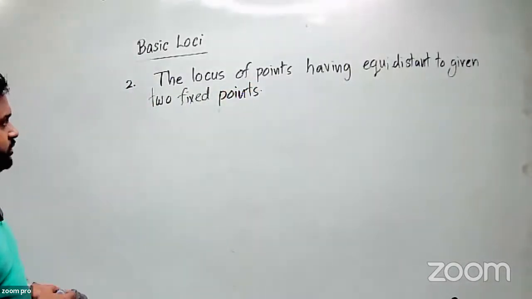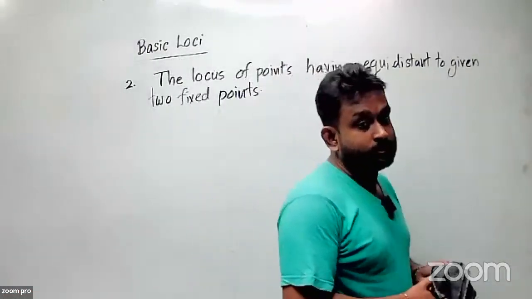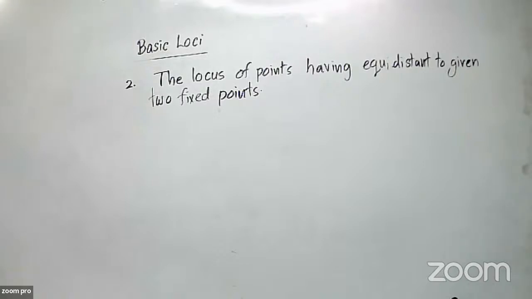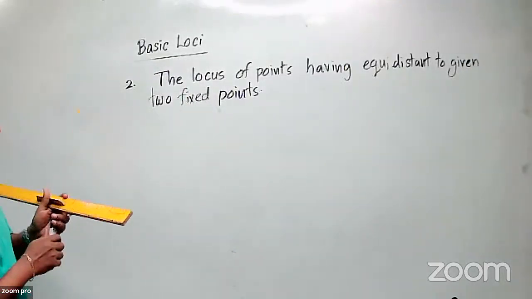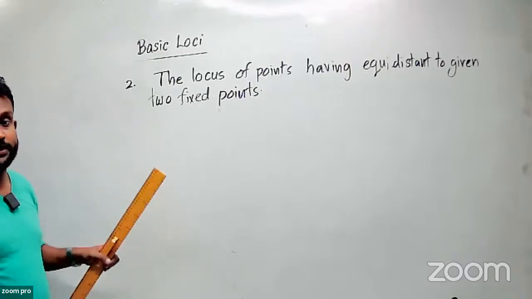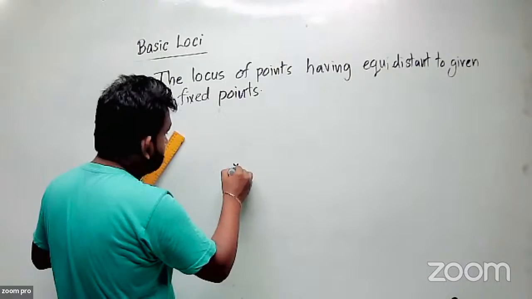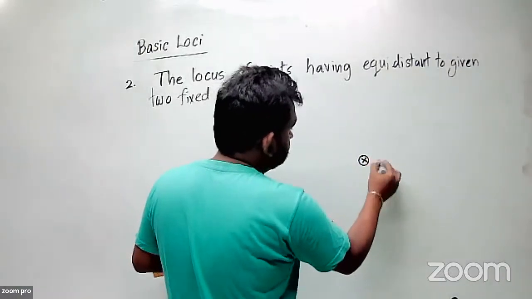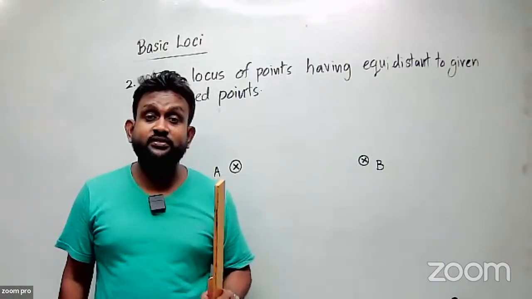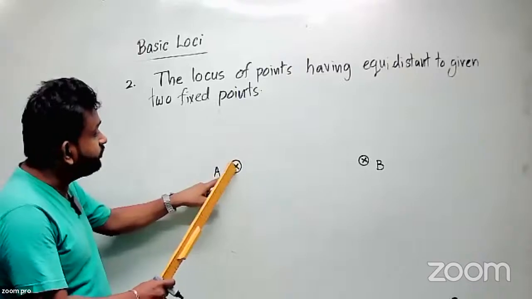Now we will check what is the nature of this locus. See the question put here: the locus of points having equidistance to 2 given fixed points. So now we have 2 points. Imagine this is the point A, and here I have point B. Previously it was constant distance to a point, but here now we have 2 points.